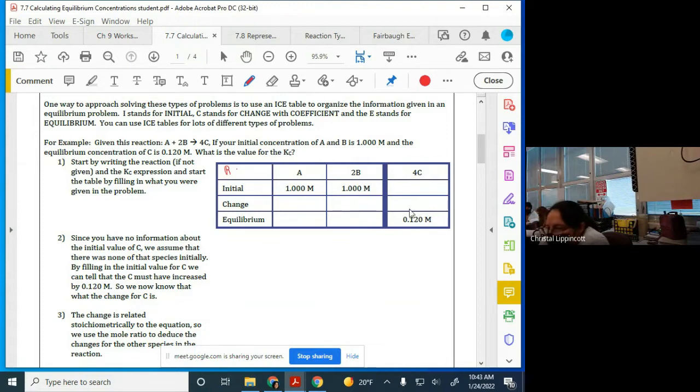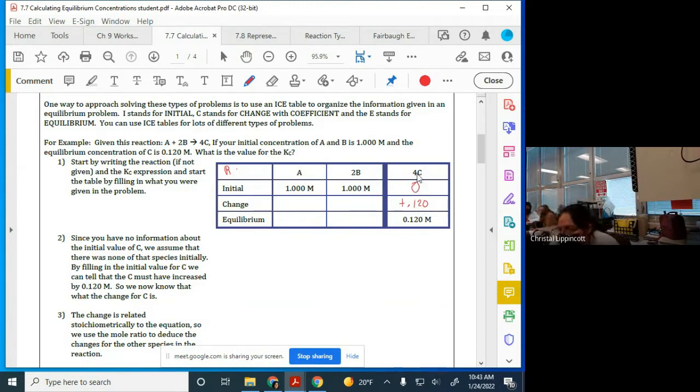So we know that we changed this by adding in plus 0.120 molar. We didn't start with any of this.